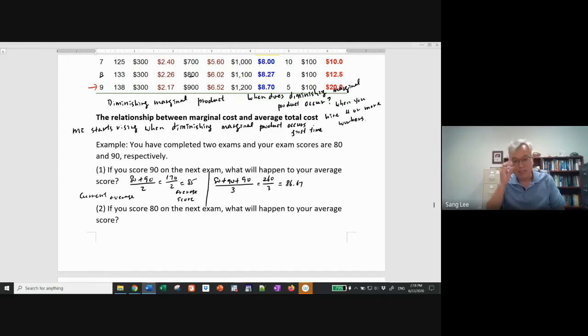Think of a Major League Baseball player. His batting average so far is .300. That's the batting average. Now, tonight, he's going to play one more game. If he hits .400 tonight, what's going to happen to his batting average? His batting average will go up, right?